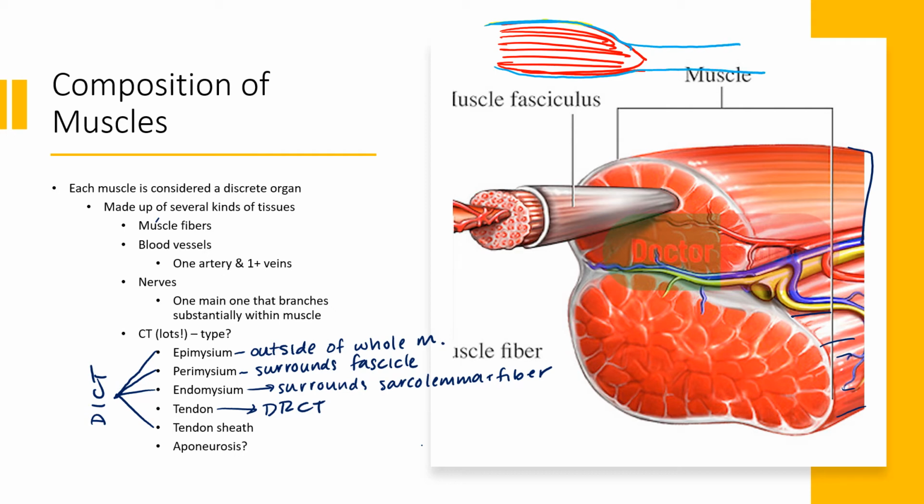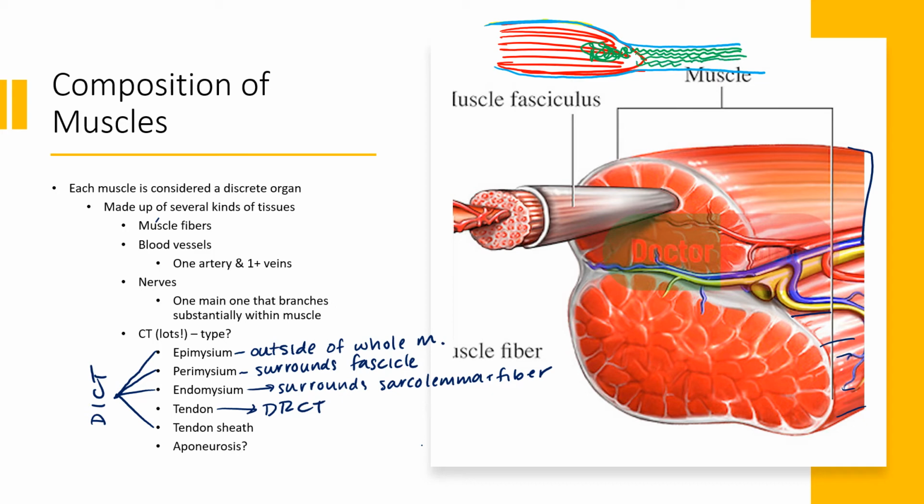The ends of the muscle fibers themselves, the perimysium and endomysium, instead of being irregular, are going to even out and run in this parallel, long arrangement.